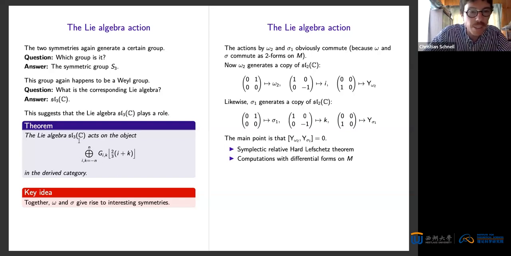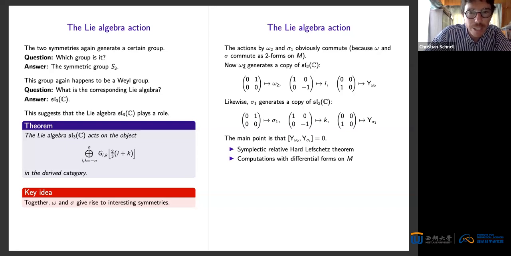To show that something is a representation of SL2, you need some grading, an operator that increases the degree by 2, an operator that decreases the degree by 2, and some relations. Here it's the same kind of thing; there are certain relations that have to be satisfied. Each of the 2 relative Hard Lefschetz theorems gives me 1 copy of SL2.